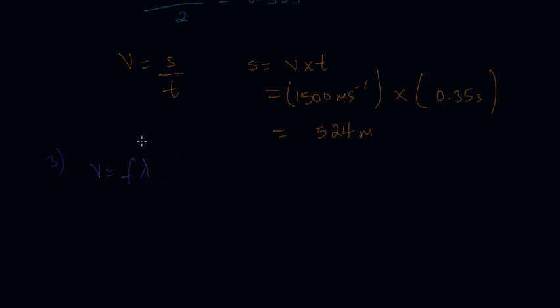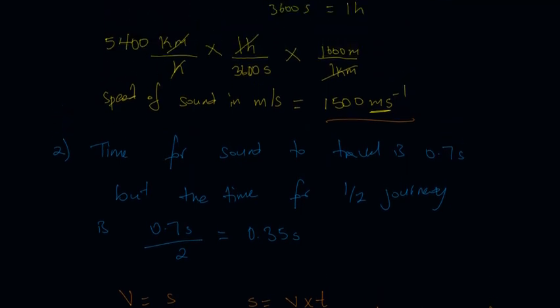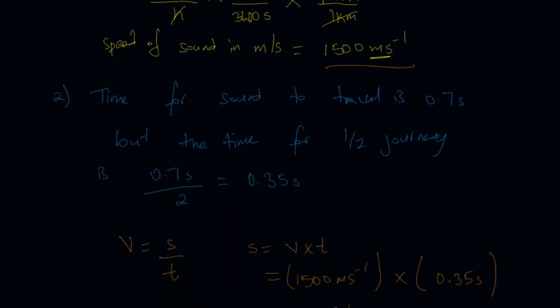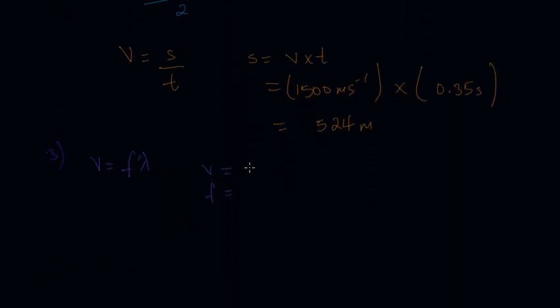Now we're given the frequency, we know the speed, so we want to find the wavelength. So again, let's write down our values here. The speed is 1500 meters per second and our frequency is 37 kilohertz.